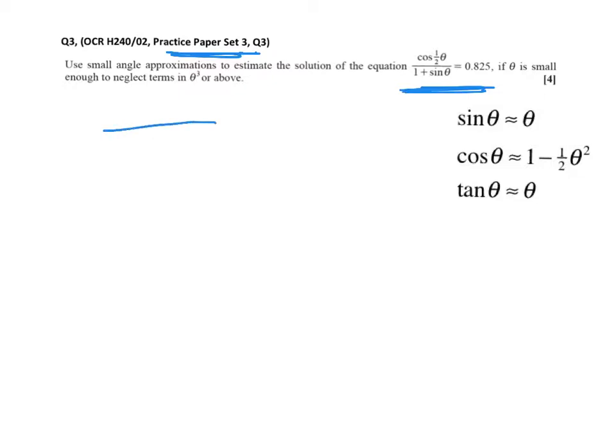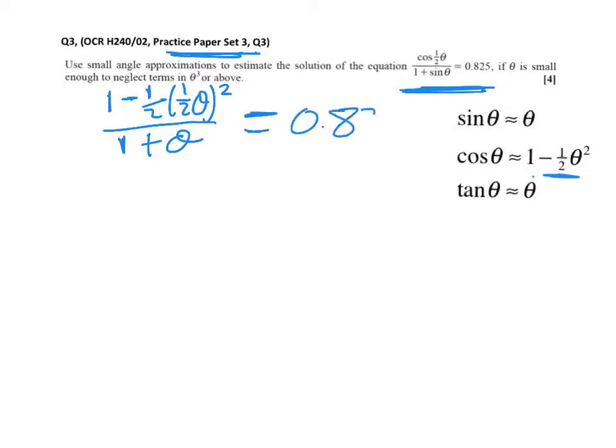The numerator is going to be 1 minus a half lots of a half theta in that bracket squared. So I've replaced theta in here with half theta. That's all going to be over 1 plus sine theta, well, 1 plus theta. And that's going to equal 0.825.